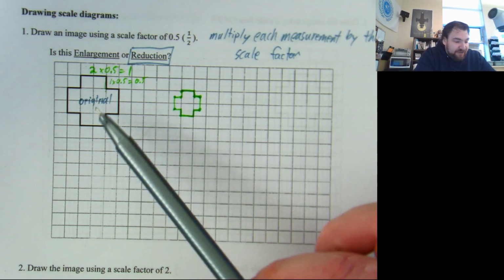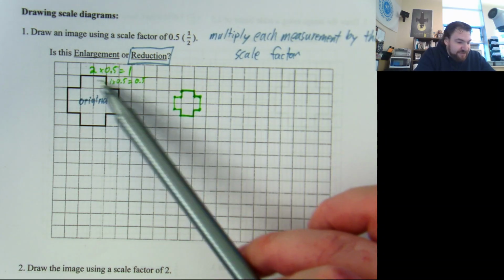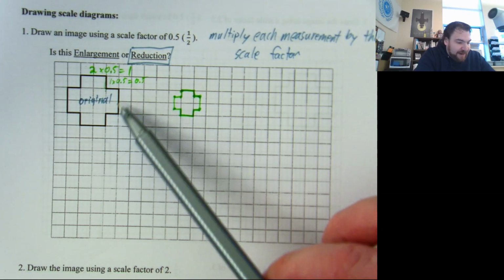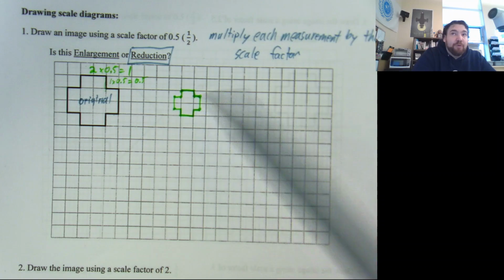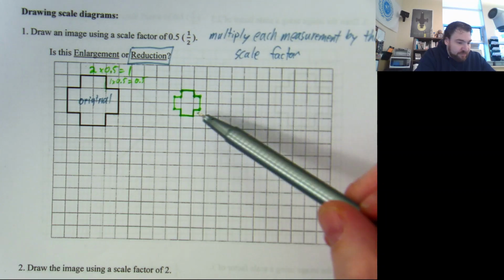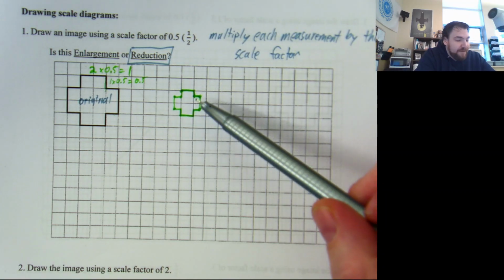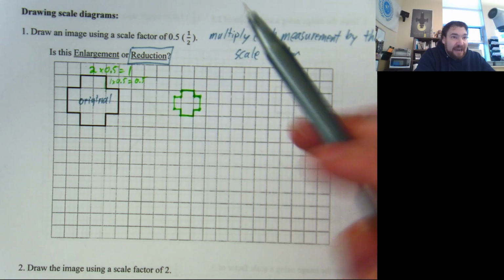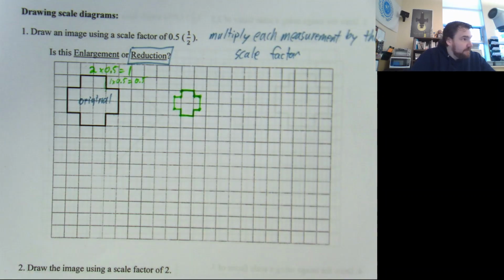So all I've done here is multiply each of these sides by the scale factor, and then I drew it the appropriate length. So now what we've got here is a scale diagram where this one is half as big in every respect as the original. Questions, comments, concerns? Okay.